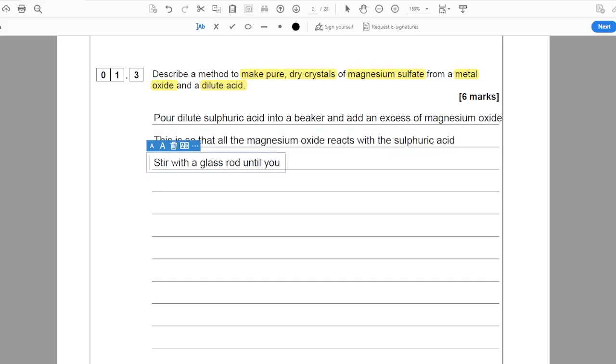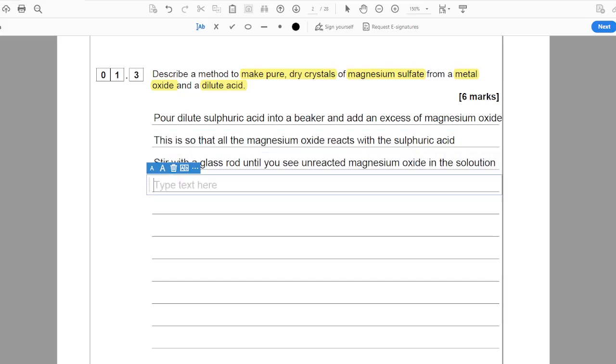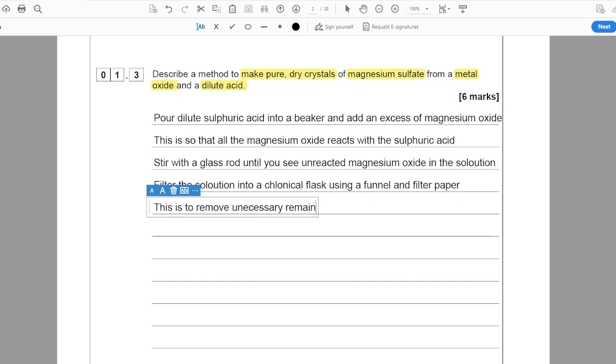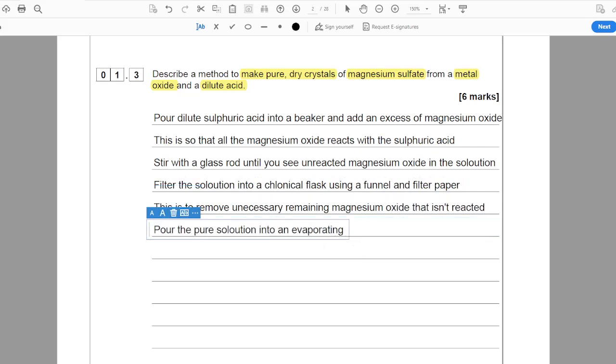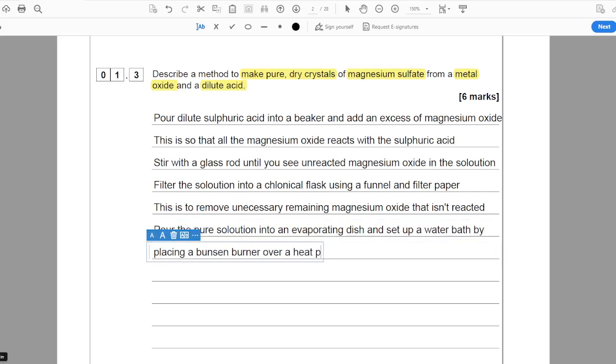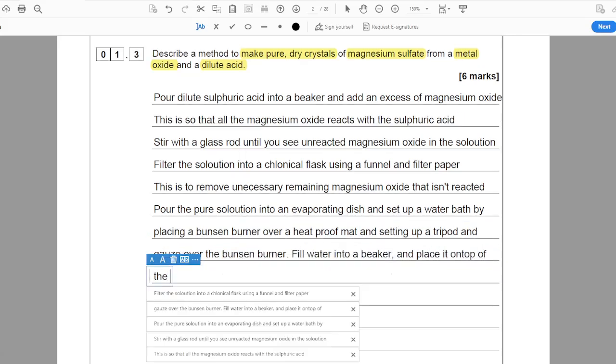Next you stir it with a glass rod until you see unreacted magnesium oxide floating in the beaker. Now simply filter the solution with filter paper, and then once you have your pure solution you can put it into an evaporating dish and set up some kind of water bath. You can use a tripod and gauze, heat-proof mat and Bunsen burner, and a beaker of water which you put the evaporating dish on.